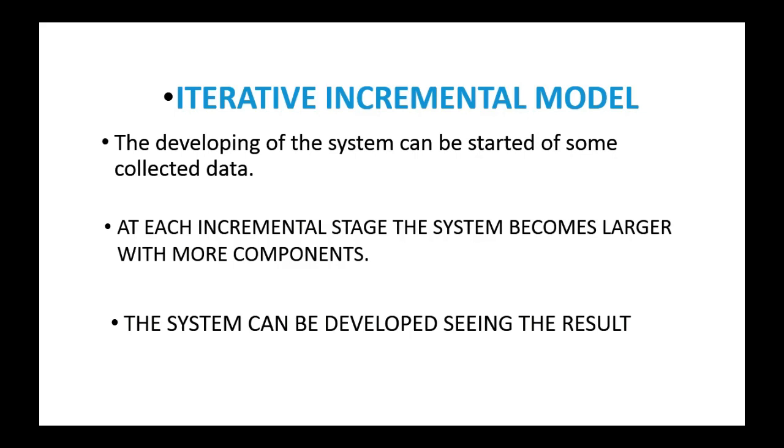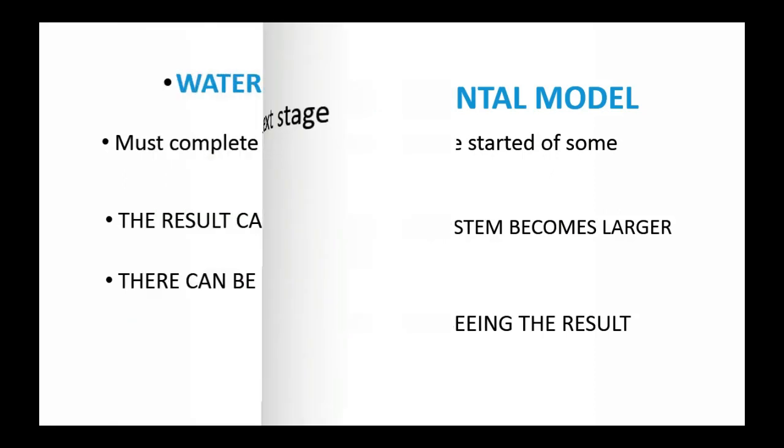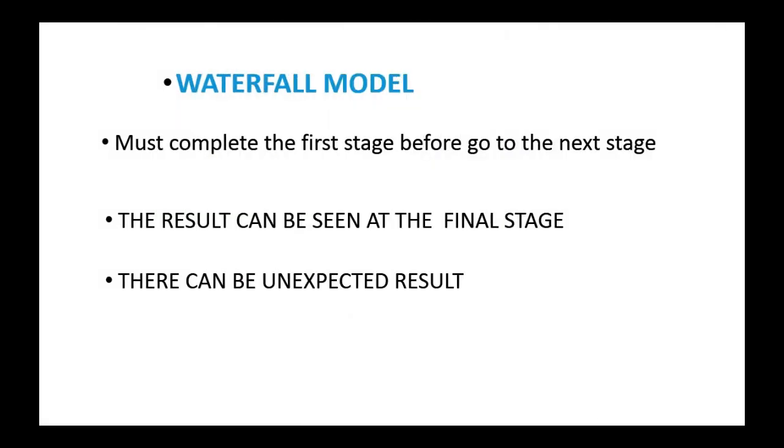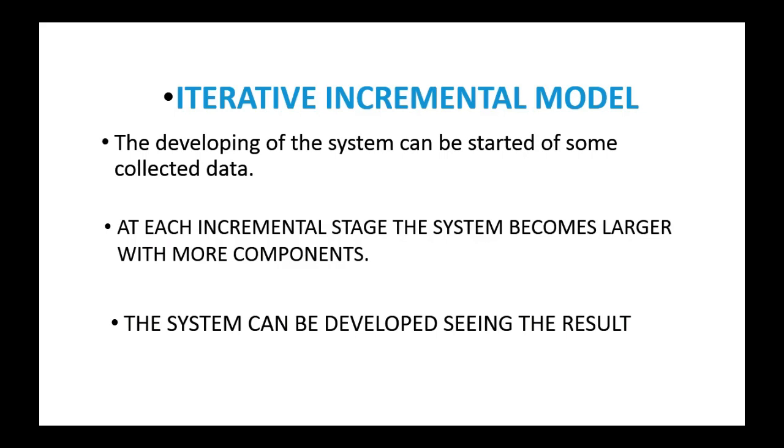So when we consider these two, the iterative incremental model is better than the waterfall model, because in the waterfall model we get the final result only at the end. For those who need an information system quickly, or if it is a hurry, we can use this iterative incremental model.